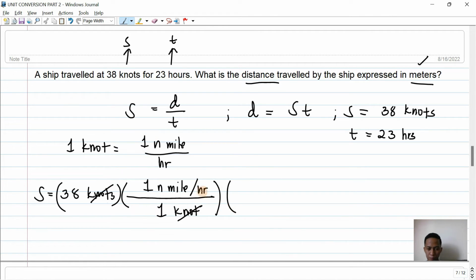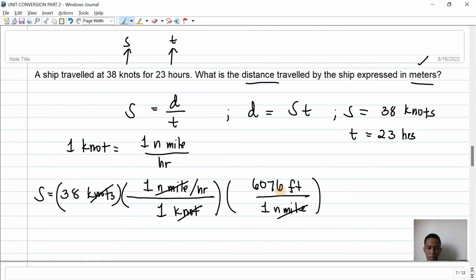So ito, yung nautical mile, convert natin to feet para maging meters. Okay, feet muna, then to meters, hindi direkta. So yung nautical mile, going back, that is 6,076 feet per 1 nautical mile. So yung nautical mile will cancel out.